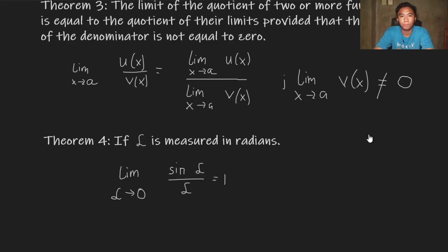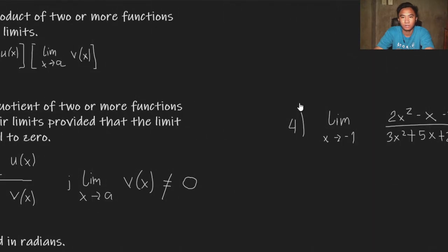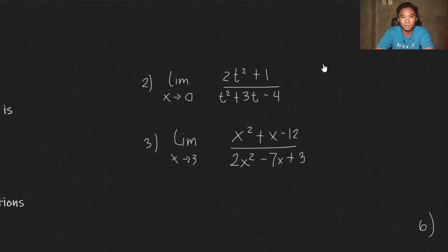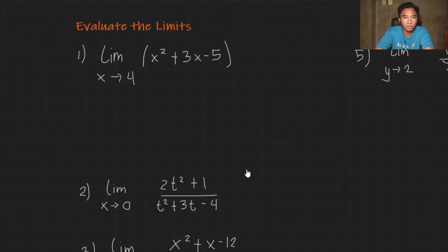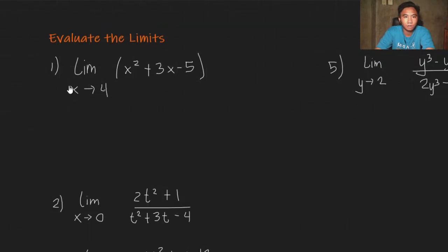So, let's try. Example number 1. Yan, naka-ready na. Ito. So, evaluate the limits of the following. Here we go, number 1. So, the limit of x squared plus 3x minus 5 as x approaches to 4.